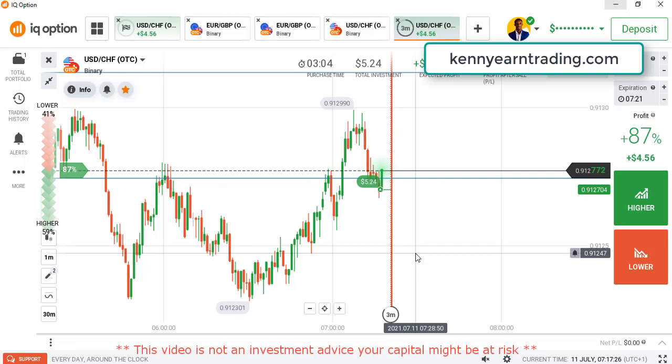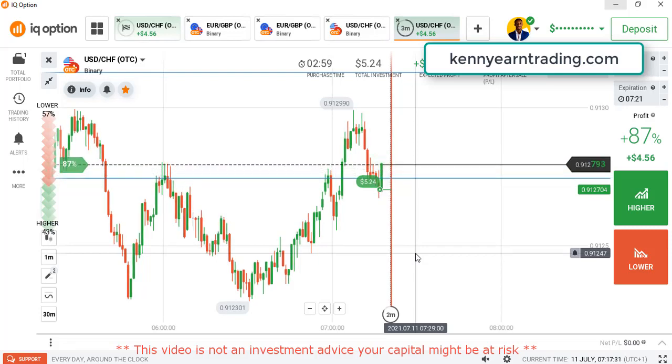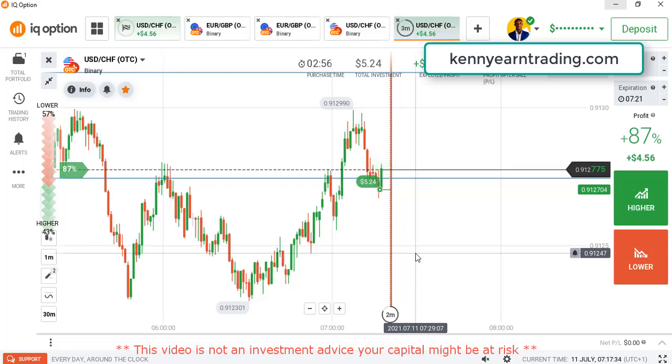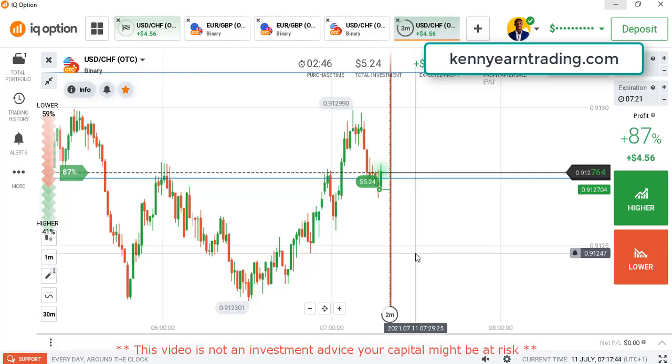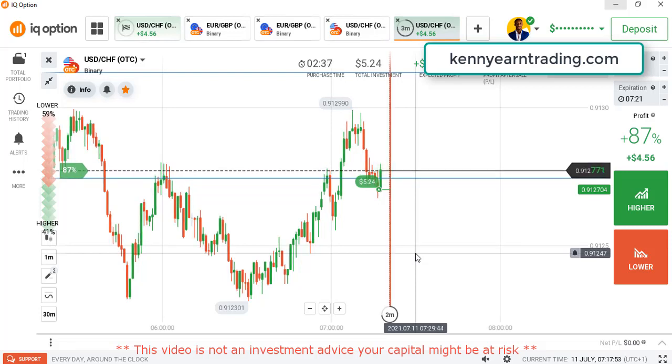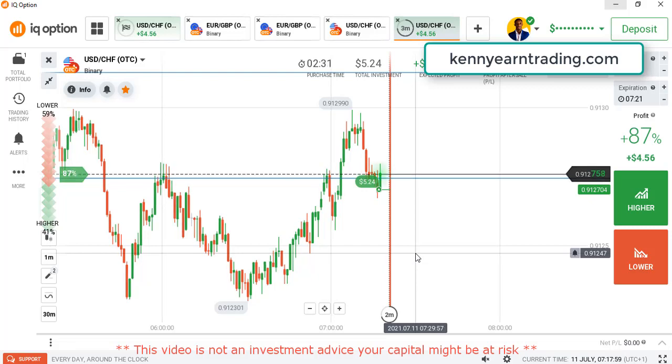Surely we're expecting it to continue the uptrend in the form of higher highs and higher lows. So I'm expecting buyers to come in from that level, and that was why I placed the trade there for the next 4 minutes. I'm expecting buyers to take the market above my entry point. Okay, so let's see how it goes.